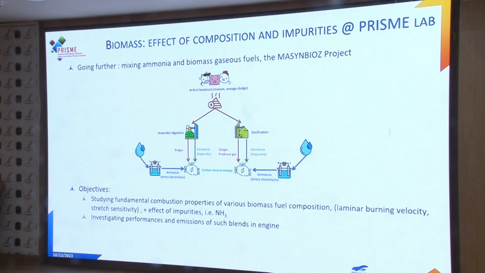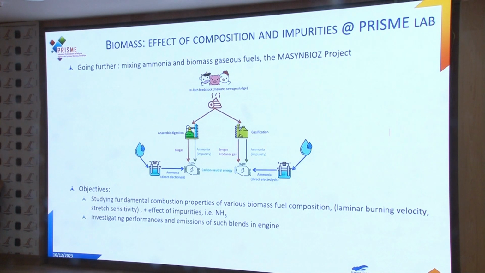And the other one you will get biogas, so mainly methane and CO2. And you can put them into an engine to get either renewable electricity or transport for agriculture sector. And you can also combine this with renewable ammonia to get a carbon neutral energy.